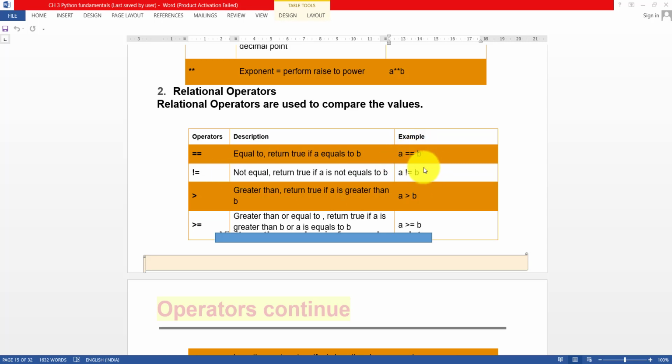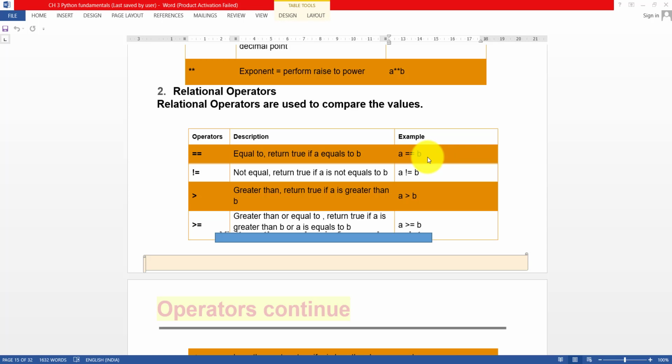It is used to compare two operands or two values. If we use equal to, it will compare whether A is equivalent to B or not. The answer will be either true or false. Like if the value of A is 12 and the value of B is 30, 12 is equivalent to 30?